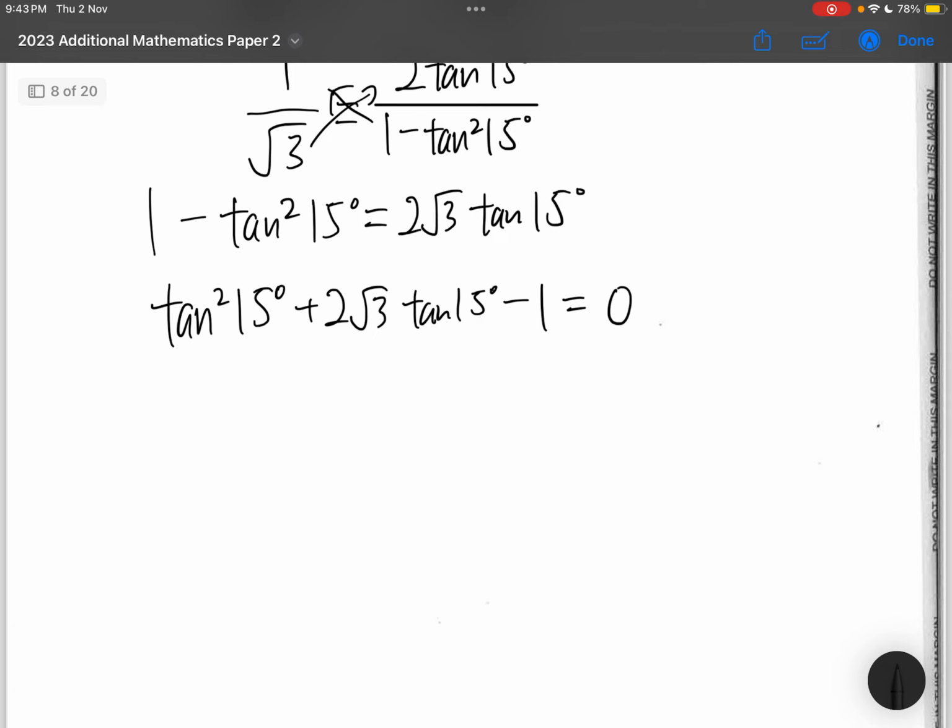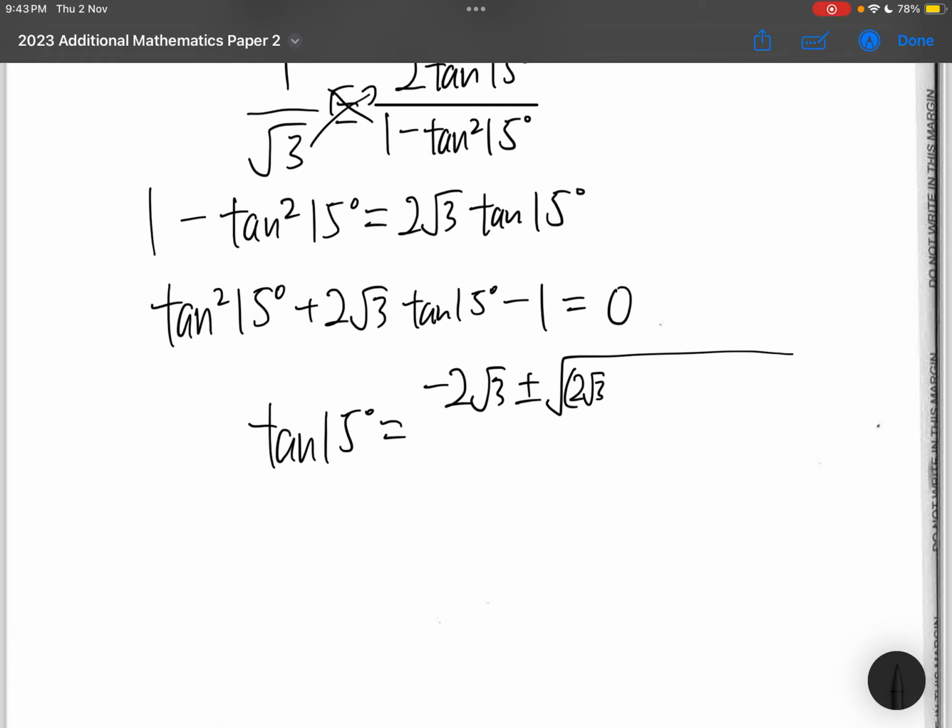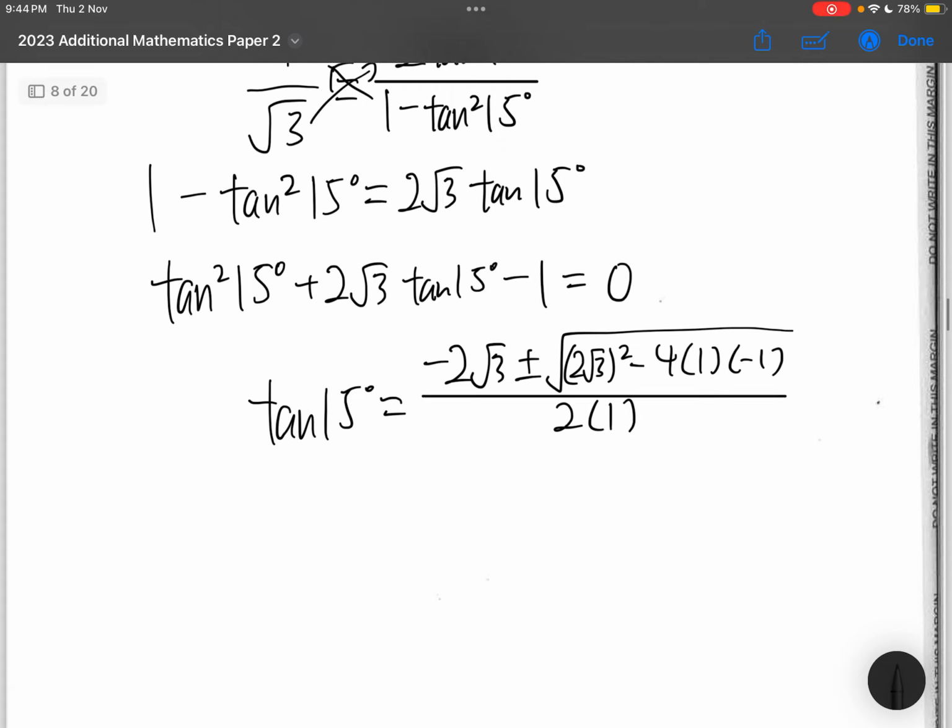And since I have a surd as one of the coefficients, there is no possible way that I can factorize this. So what I want to do is use the quadratic formula. I have tangent 15 degrees equals negative 2 square root 3 plus or minus square root of 2 square root 3 squared minus 4 times 1 times negative 1, over 2 times 1.